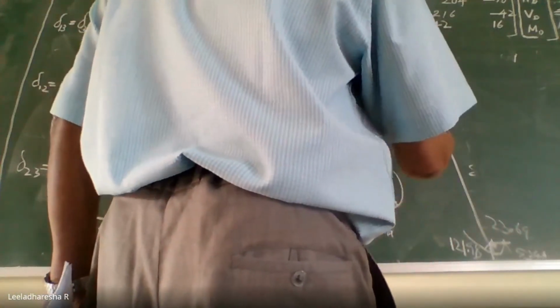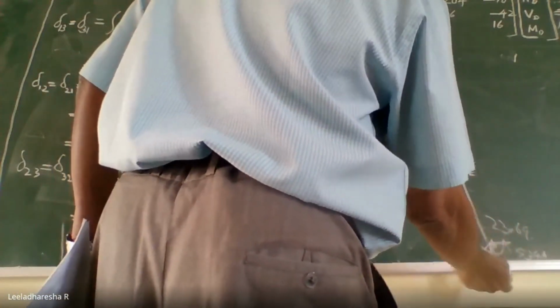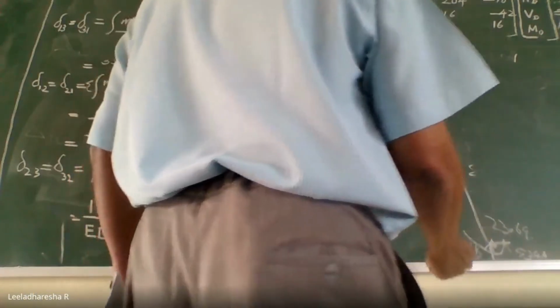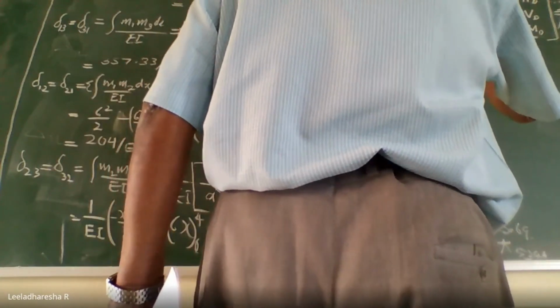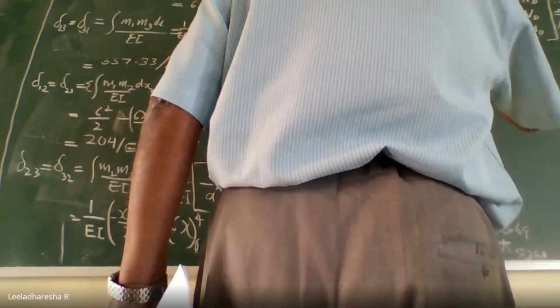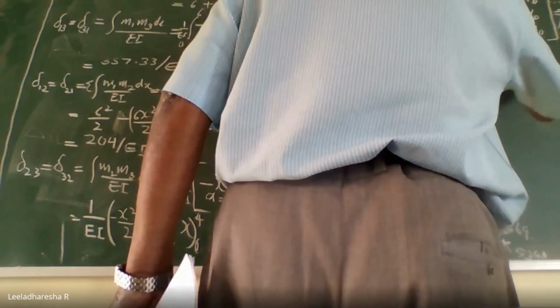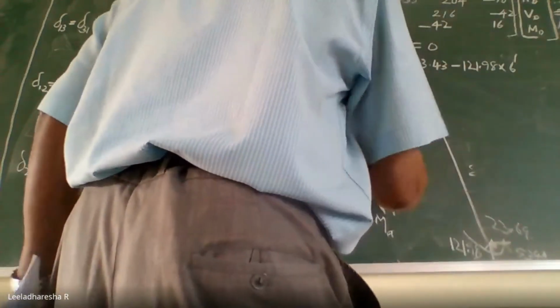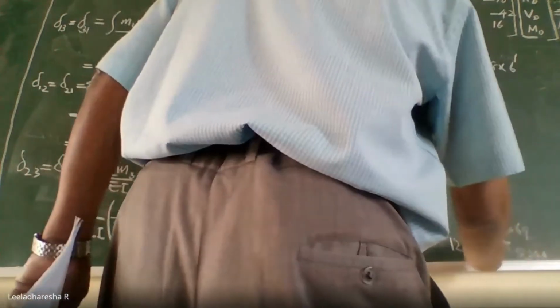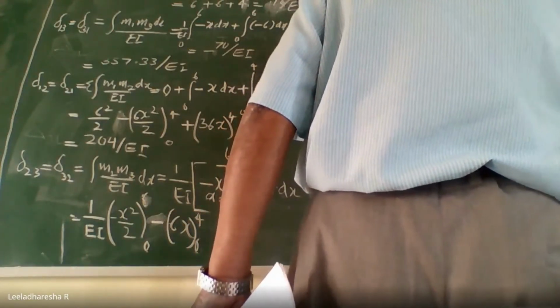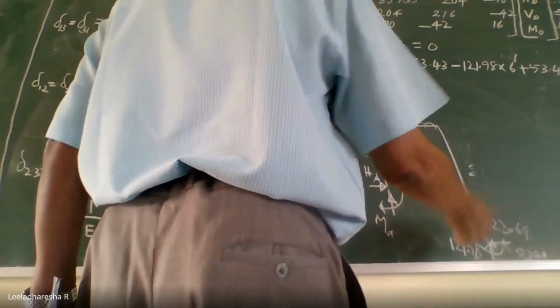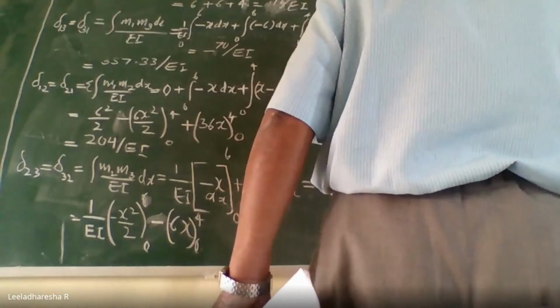Then moment due to this HB, again it is like this, therefore minus 121.98 into 6 meter. This goes into distance. Similarly, HA gives clockwise moment, therefore plus 53.44 into distance. See, this is the distance, 2 meters, into 2.